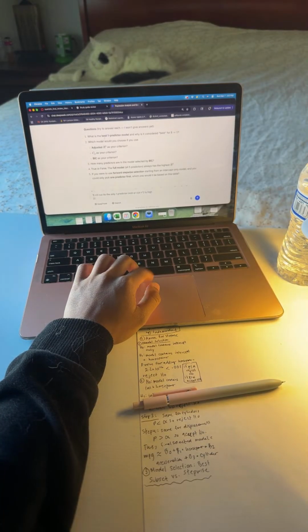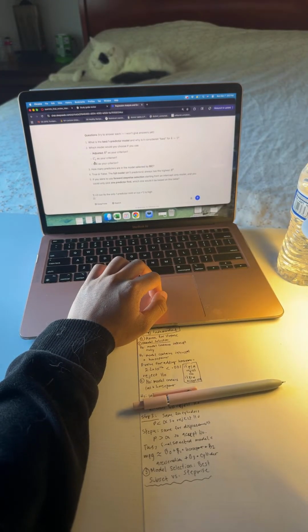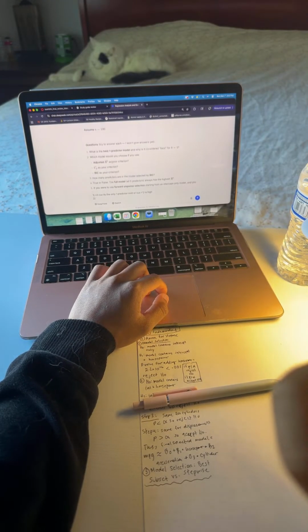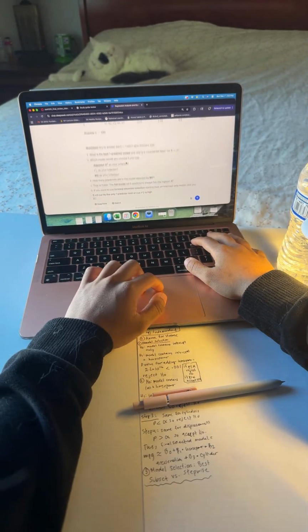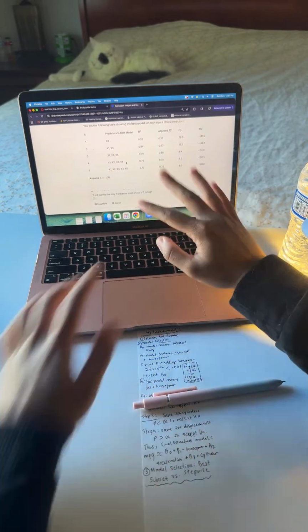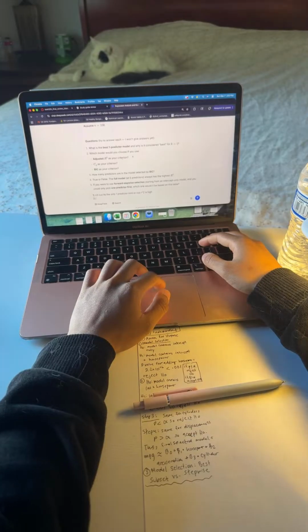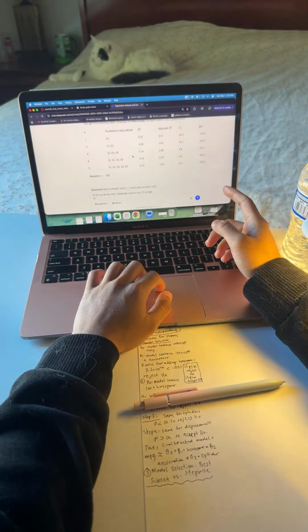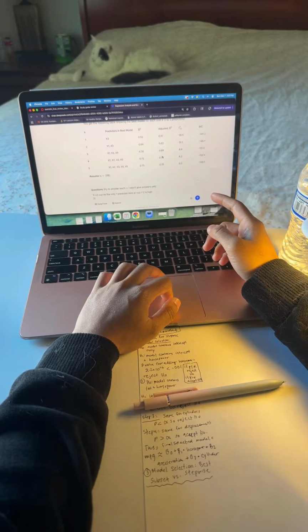Okay, number 2, which model would you choose if you use adjusted R squared as your criterion, Cp as your criterion, BIC as your criterion? Adjusted R squared has to be the highest, right? So I would say either 4 or 5.